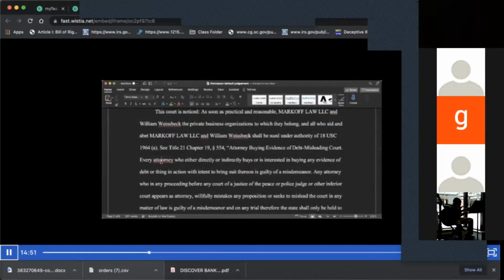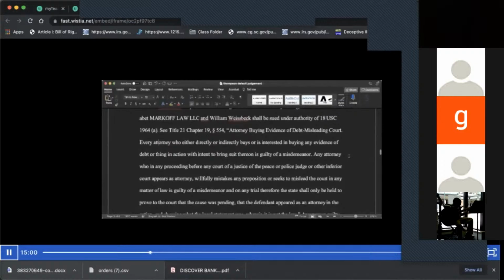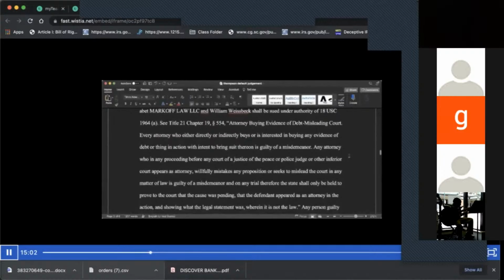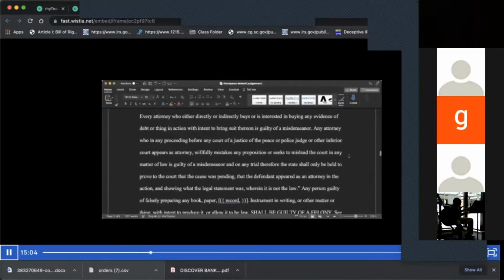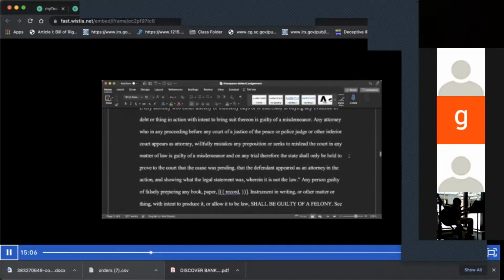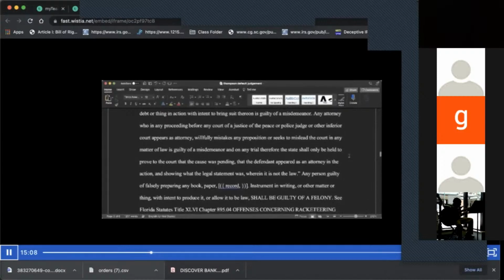Attorney buying evidence. Let me fix this. Every attorney buying evidence of debt, misleading court. Every attorney who either directly or indirectly buys or is interested in buying any evidence of debt or thing in action with intent to bring suit thereon is guilty of a misdemeanor.